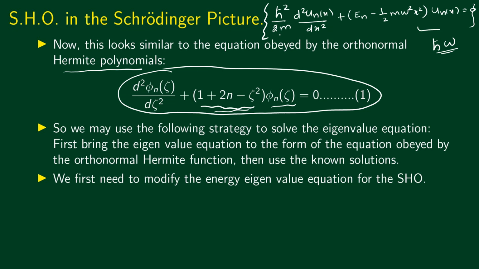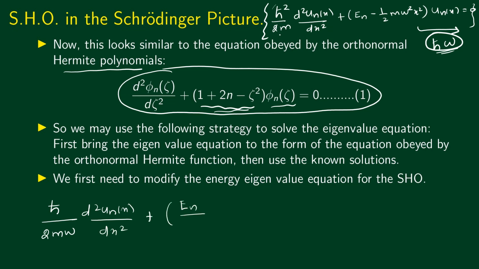So we take this equation, the time-independent Schrodinger equation for the simple harmonic oscillator, and divide throughout by ħω. Let me write it here. There's an ħ² here, so when you divide by ħω, one of the ħ cancels, and we have got ħ divided by 2mω, d²u_n(x)/dx², plus this becomes E_n divided by ħω minus half m.